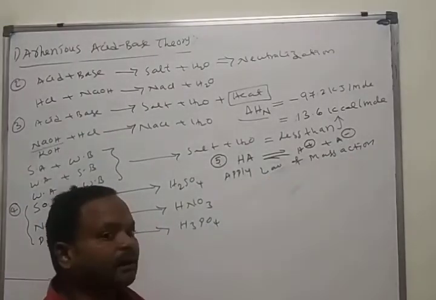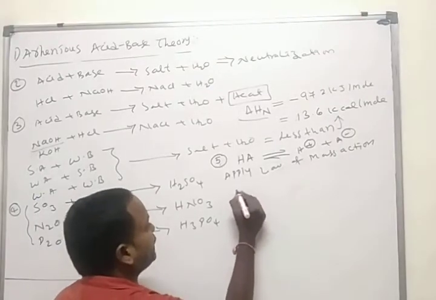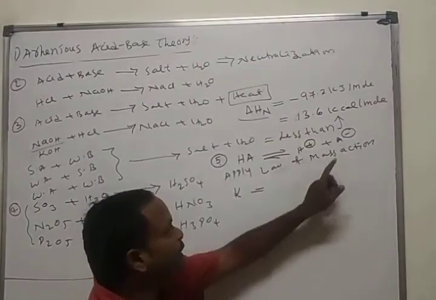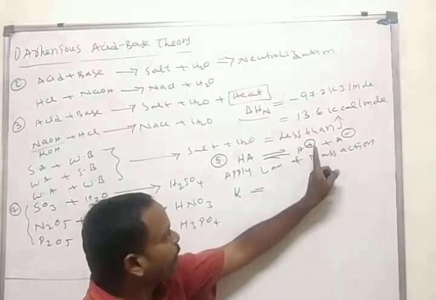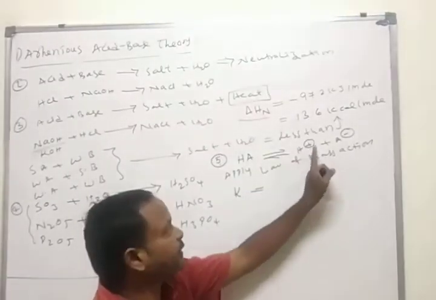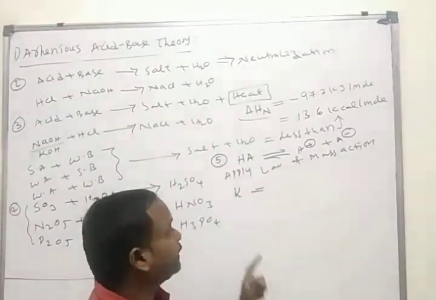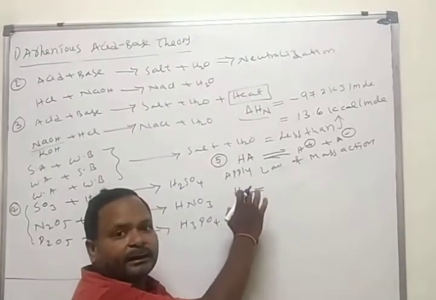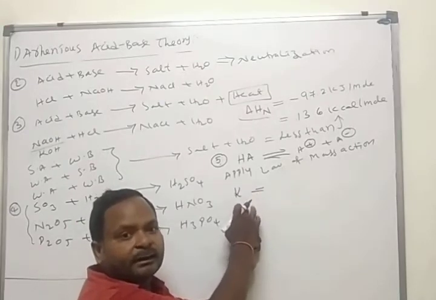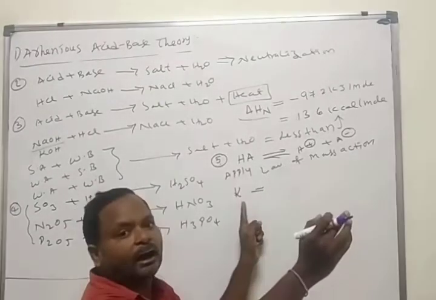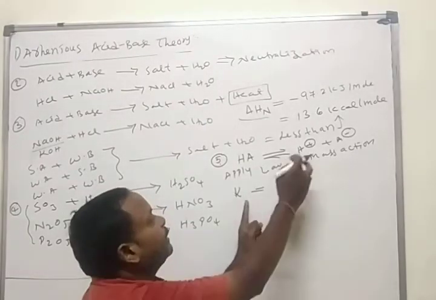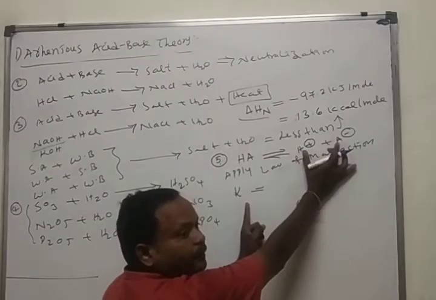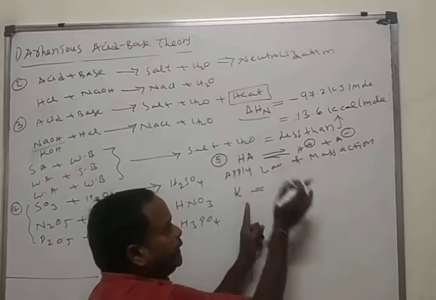When you apply the law of mass action to this, what is the law of mass action? The equilibrium constant K is always equal to the ratio between the concentration of products and the concentration of reactants.